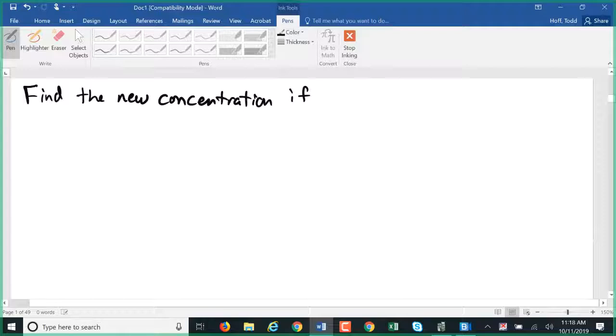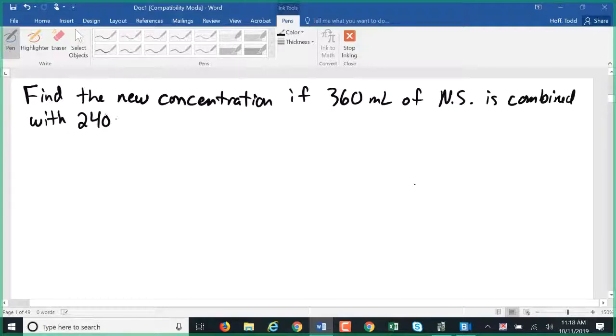If 360 milliliters of NS is combined with 240 milliliters of 45% solution. I'm going to give you a second, see what you come up with there.